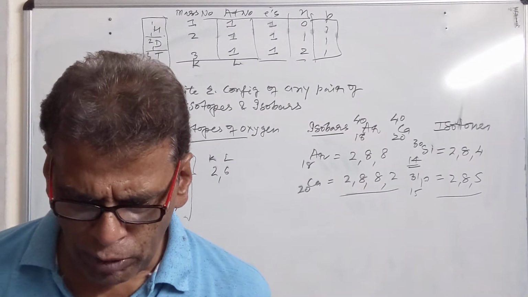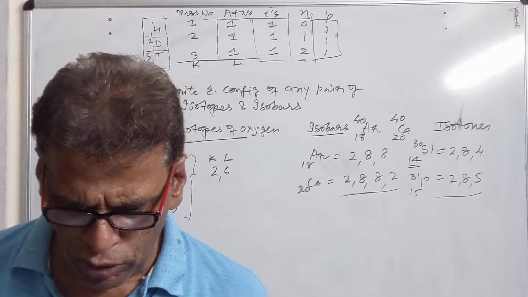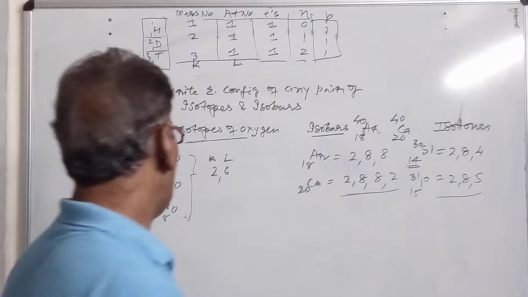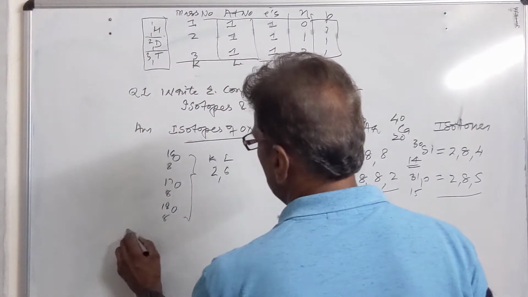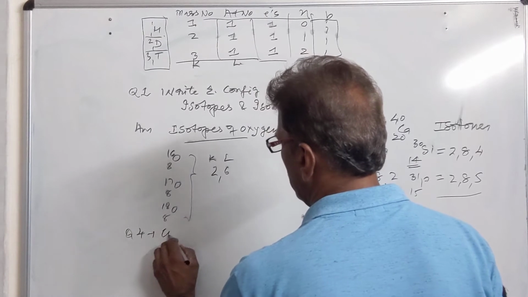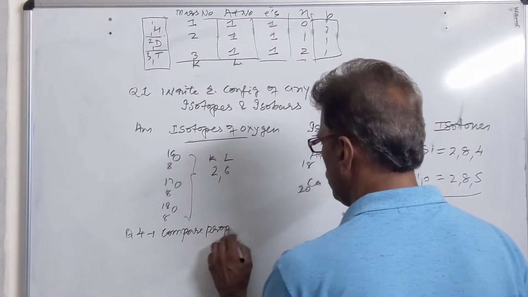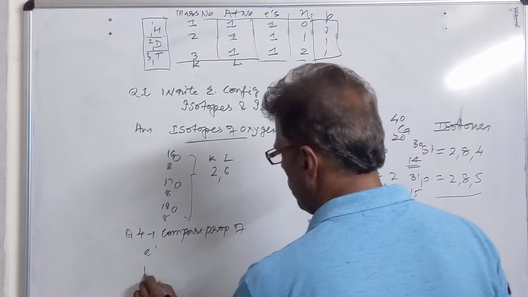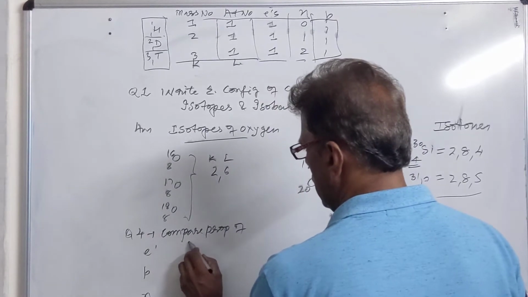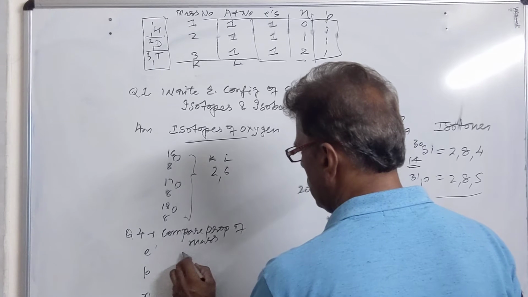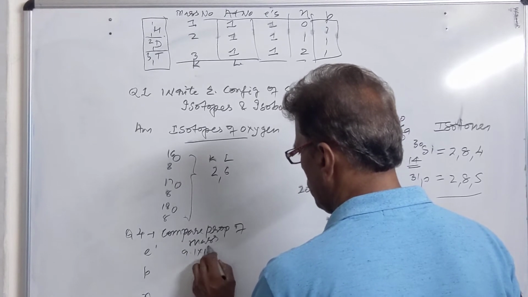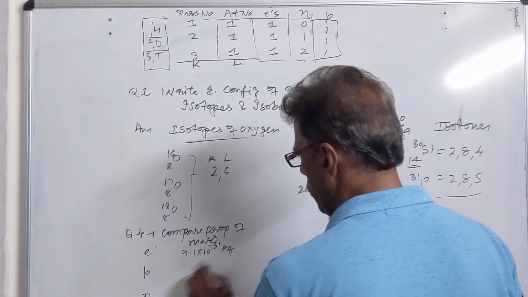Now compare the properties of electron, proton and neutron. Now what are the properties? This is question number 4. Compare properties of electron, proton and neutron. That is, mass of electron is 9.1 into 10 raised to power minus 31 kilogram.